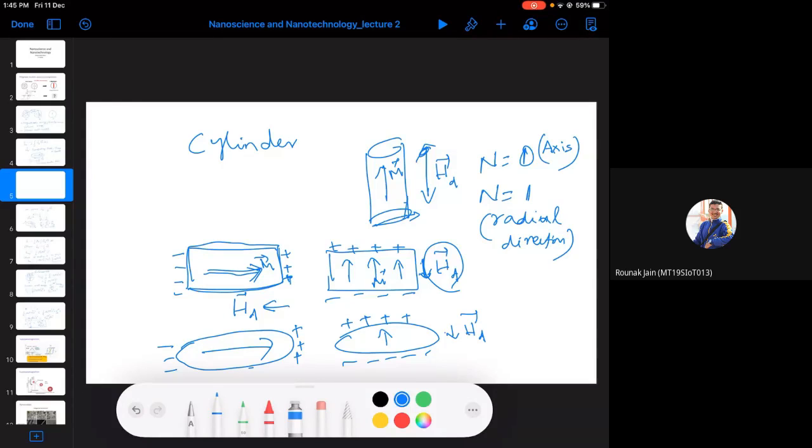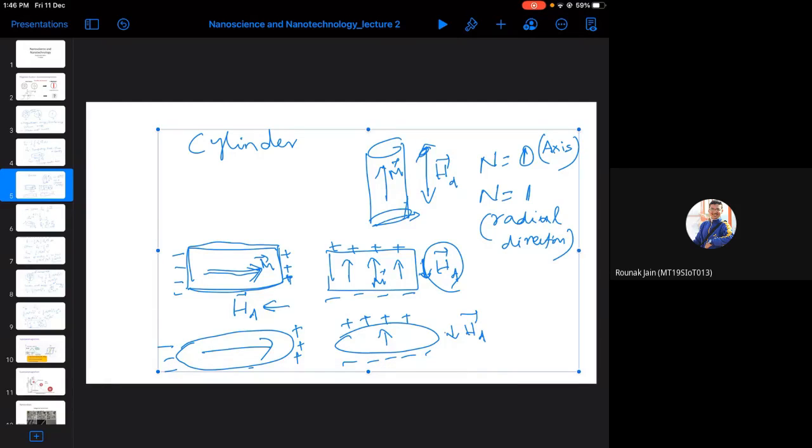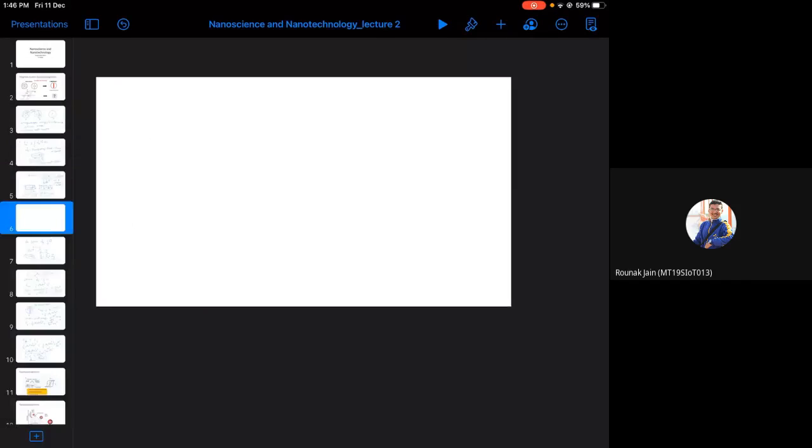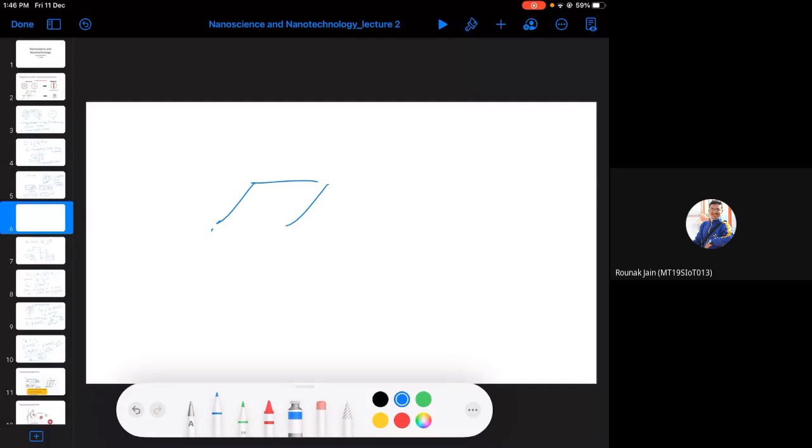Even if you take a thin film, that is also different. This is determined by the shape. It is an additional anisotropy that is introduced due to the shape of the geometry.